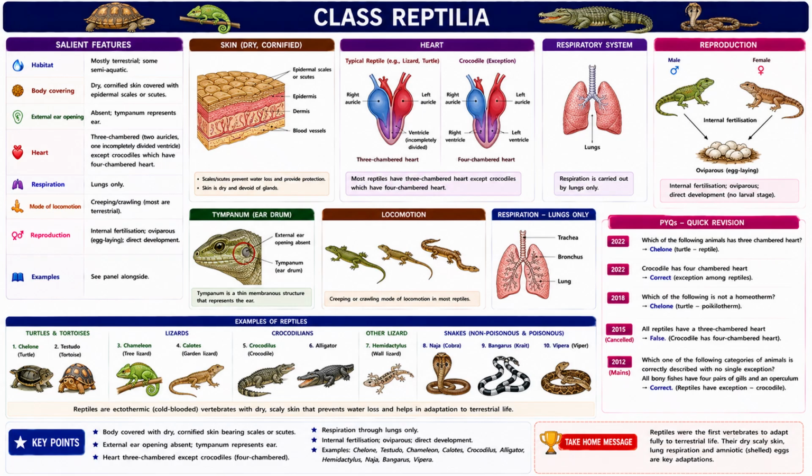Other lizards are Hemidactylus, and the snakes, non-poisonous and poisonous, can also be a part of Reptilia. Examples: Naja is cobra, Bungarus is krait, Vipera is viper. Reptiles are ectothermic, cold-blooded vertebrates with dry, scaly skin that prevents water loss and helps in adaptation to terrestrial life.